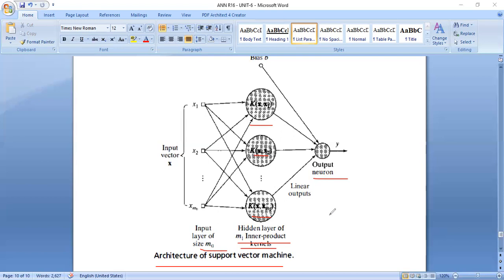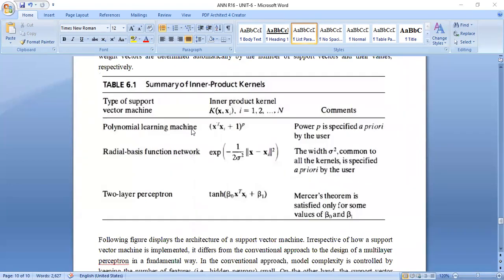In real time we can use three kinds of kernel functions as the activation function of a support vector machine. Let us see those three. These are the types of support vector machines.